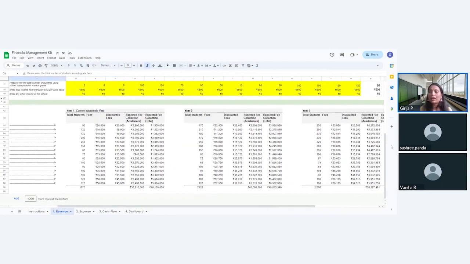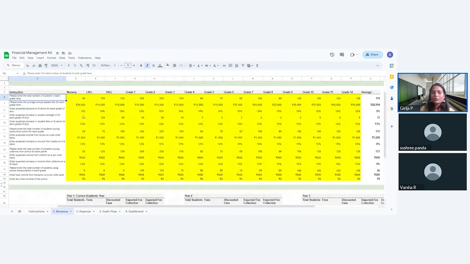It will also help you understand, as you entered, the number of students increase. In my school, I'm thinking that next year 80 students will be added.